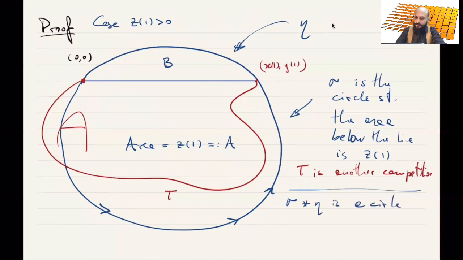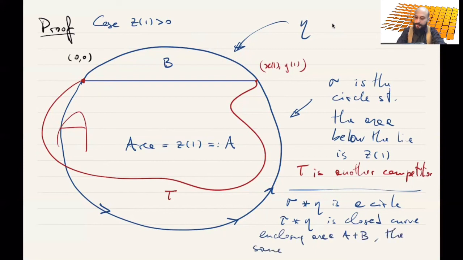If I now consider tau followed by eta, then this is a closed curve enclosing area A plus B, which is the same as sigma followed by eta.